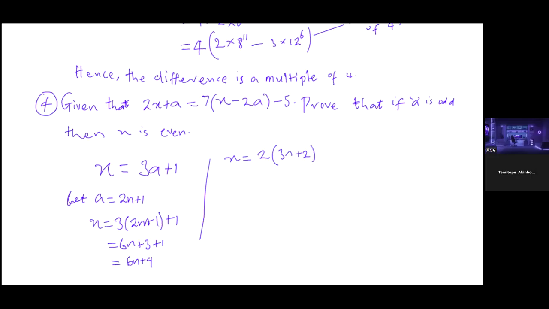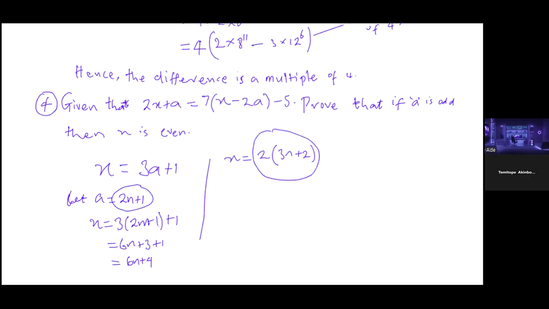Don't forget the question says if a is odd, then you must show that x is even. So we have assumed this to be the odd number, and we are able to get a multiple of 2. That means it's going to be even.